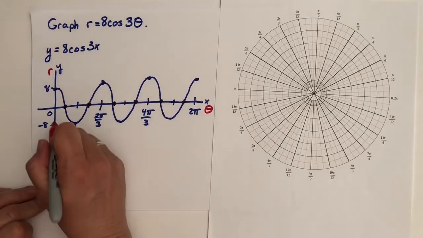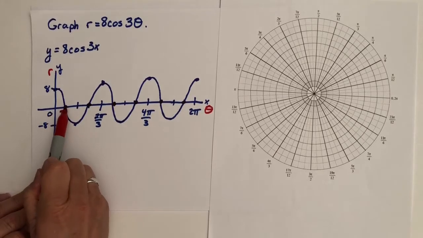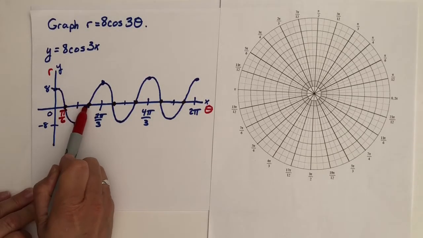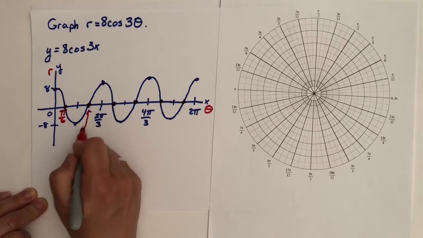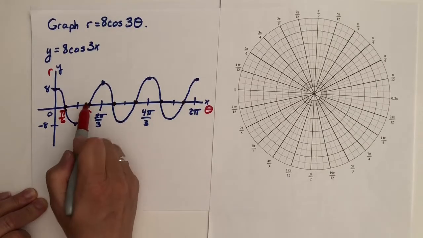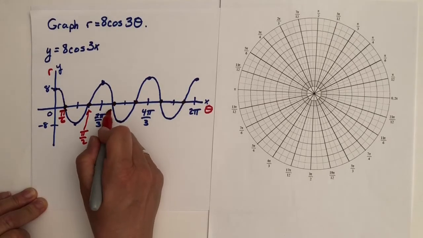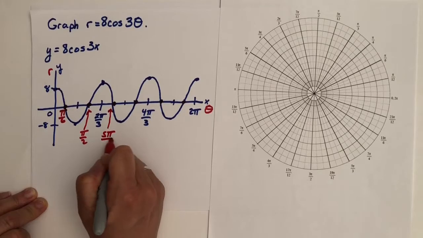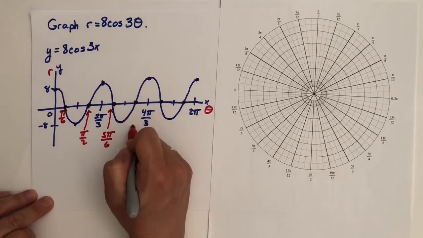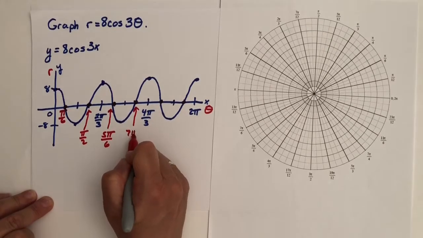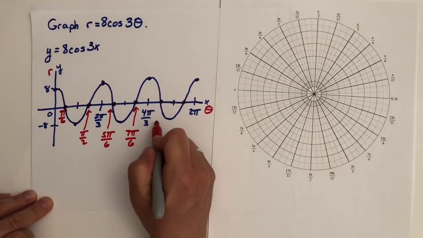So let's label this at pi over 6. So this is 1 pi over 6. This is 2 pi over 6. This is 3 pi over 6, or pi over 2. 4 pi over 6. 5 pi over 6. 6 pi over 6, which is of course pi. 7 pi over 6. 8 pi over 6. 9 pi over 6.